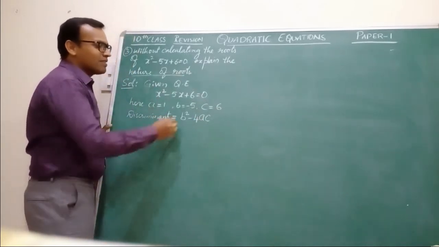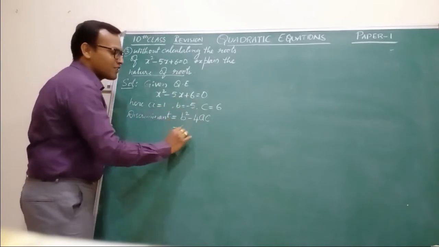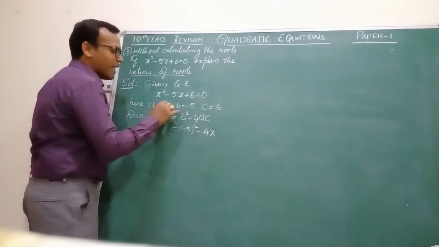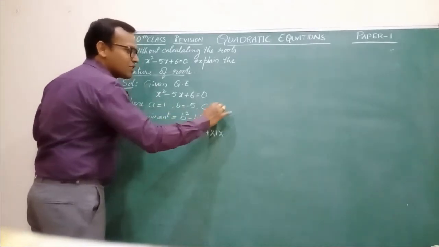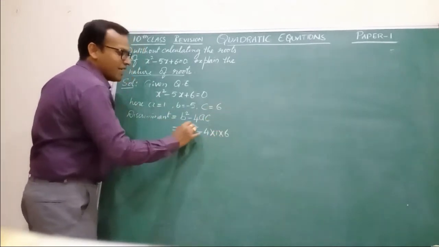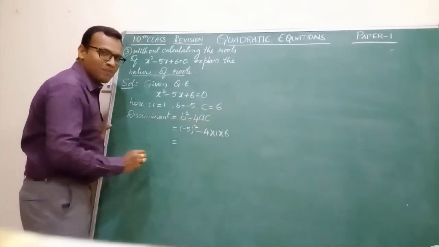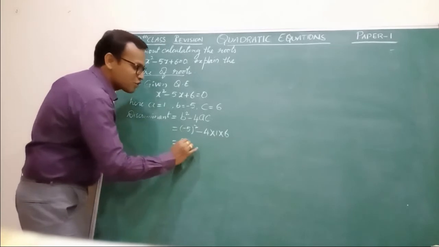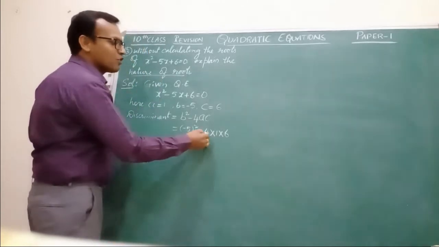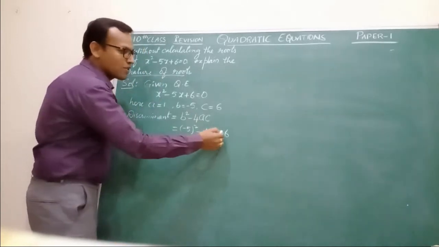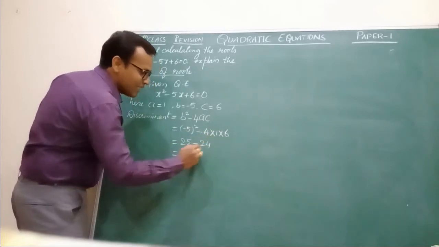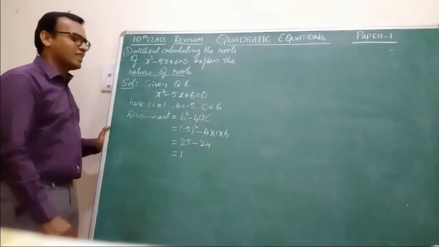So take the value of b, minus 5 whole square, minus 4 into a value is 1, into c value is 6. Minus 5 whole square, minus square is always plus, because minus into minus is plus. 5 square is 25, minus 4 ones are 4, 4 6s are 24. 25 minus 24, which is 1.